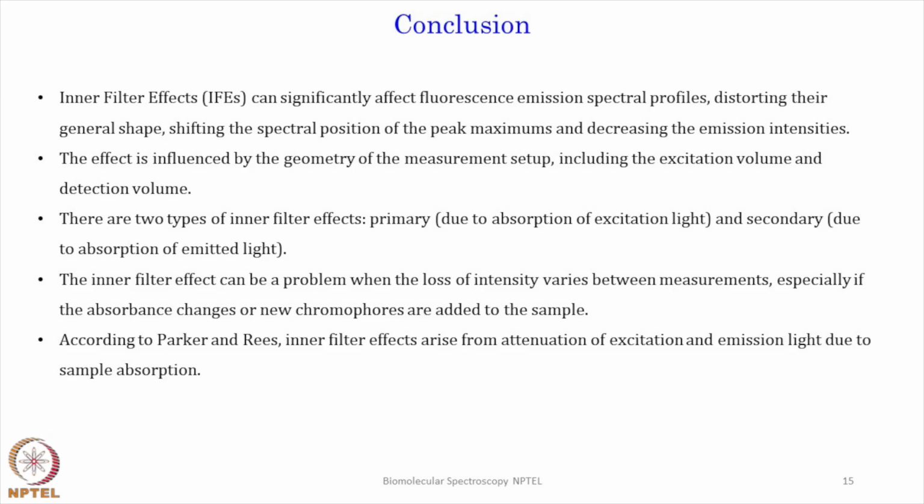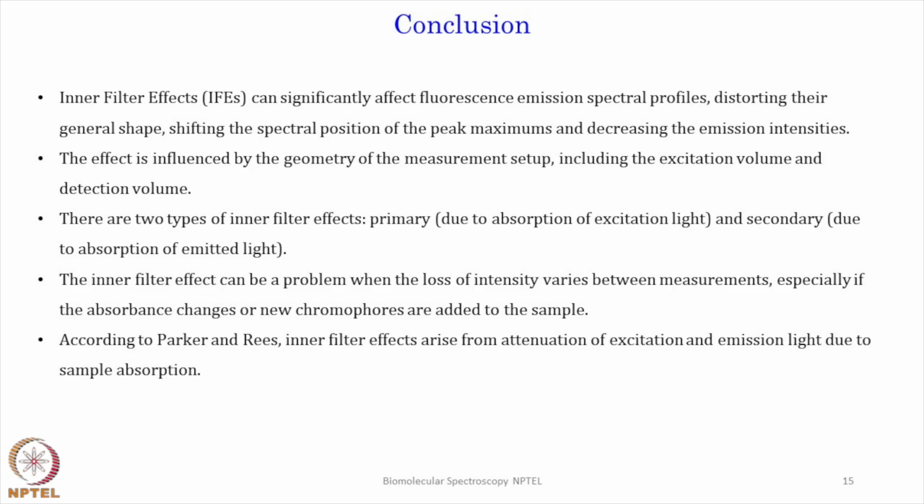This effect is influenced by the geometry from where the signal is coming, and excitation volume and detection volume can also be contributors. Two kinds of inner filter effect that we looked at are primary and secondary. The inner filter effect can be a problem when loss of intensity varies between measurements, and it can arise from the attenuation of excitation and emission.